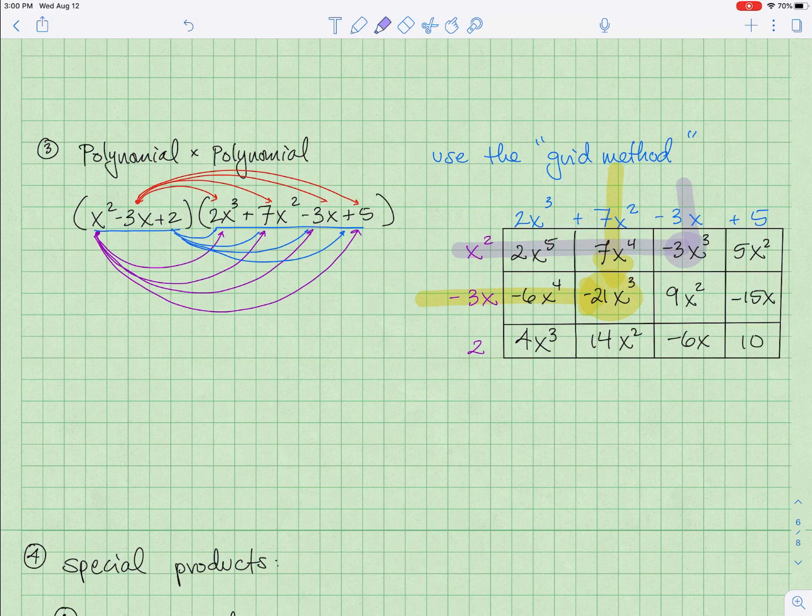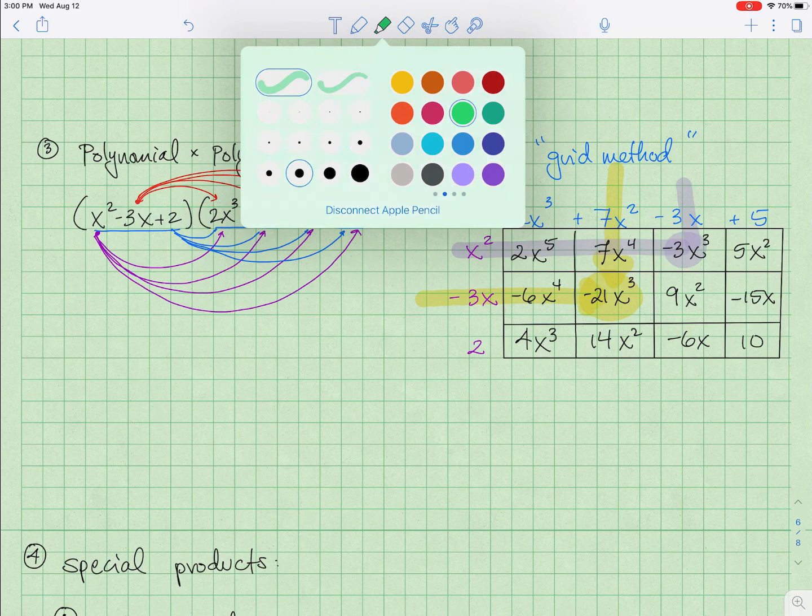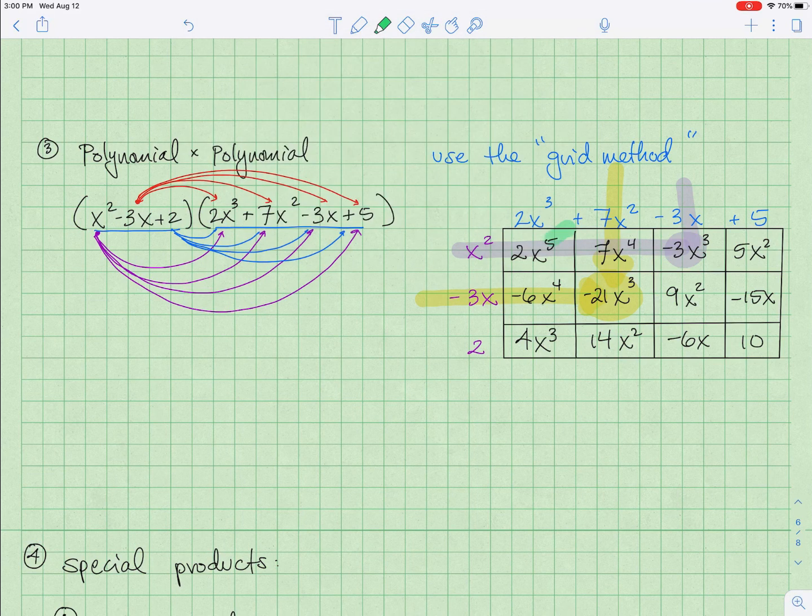And another thing that you might notice, if these are fairly well behaved, is when you collect like terms, they happen oftentimes, not always, but often, along these diagonals.